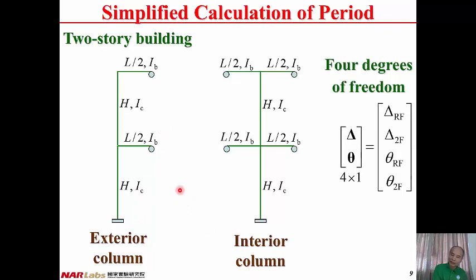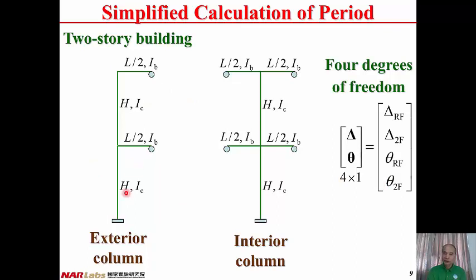No matter if it is exterior columns or interior columns, they have 4 degrees of freedom. They are delta roof, the lateral displacement at the roof. Delta 2F is the lateral displacement at the second floor. Theta roof is the rotation at the roof. Theta 2F is the rotation at the second floor.